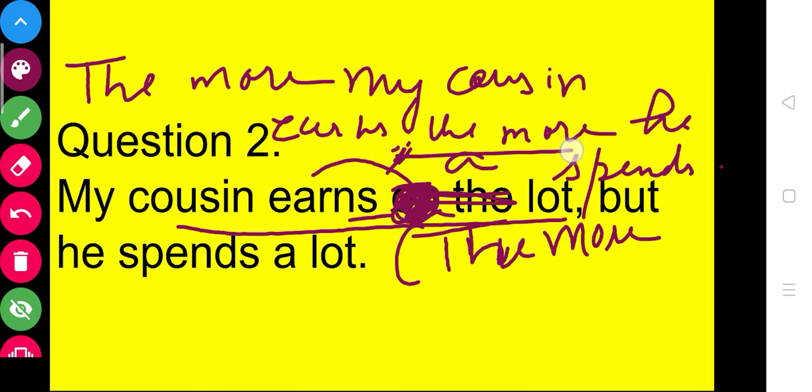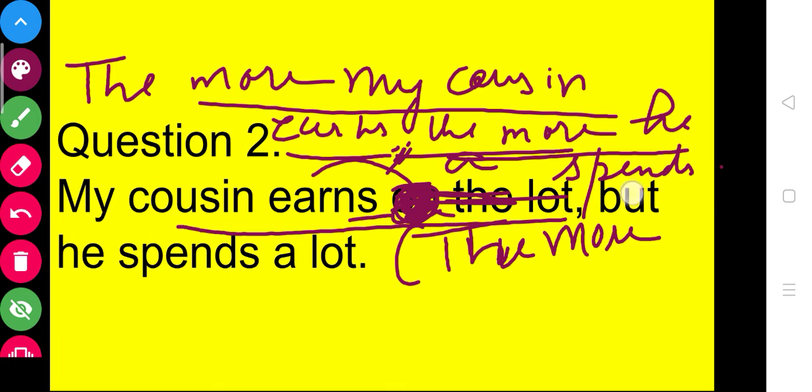So this is the way to do it. The more my cousin earns, the more he spends, full stop.